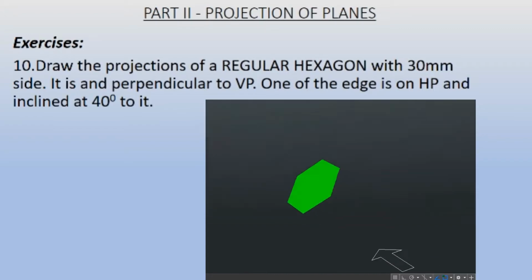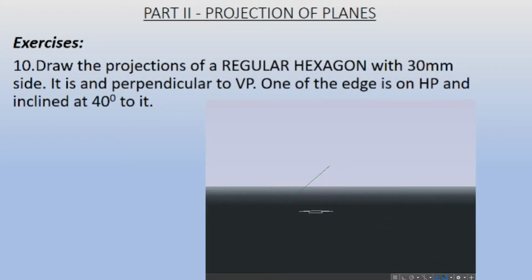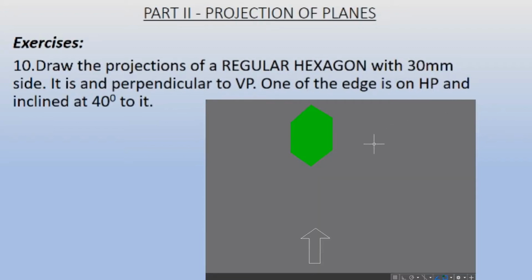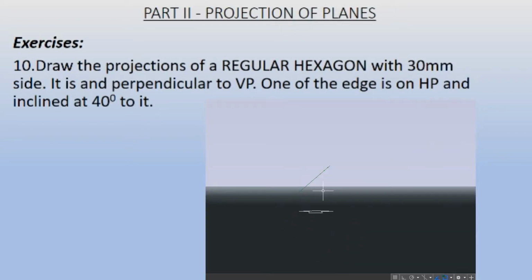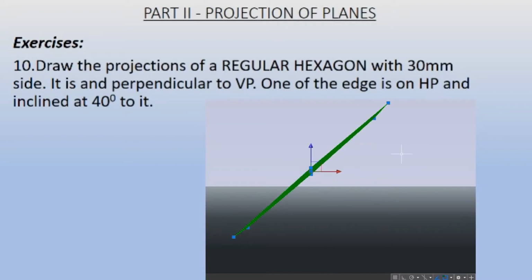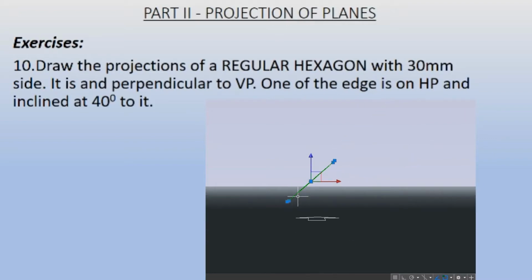So now when we view this hexagon from the top, it will appear as a hexagon itself, but you see that its length has been contracted, and when it is viewed from the front, there will be only a straight line. Make no mistake, there is a straight line appearing from the front.